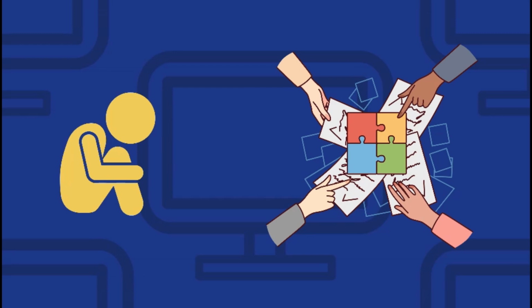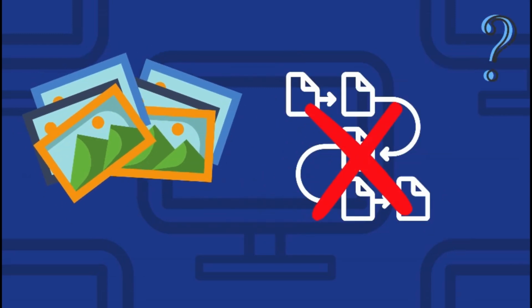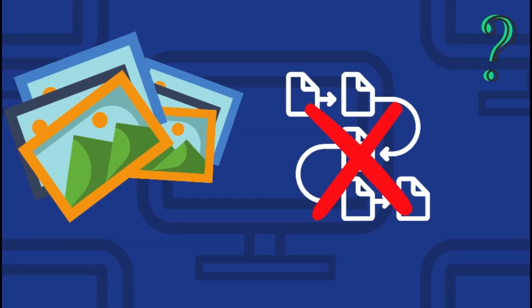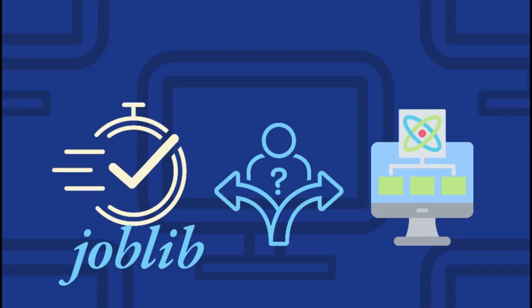In image pre-processing, this approach is useful when dealing with hundreds or thousands of images, where sequential processing can be very slow. So we used Python's joblib library to parallelize our image filtering tasks, allowing multiple processors to work together at once.